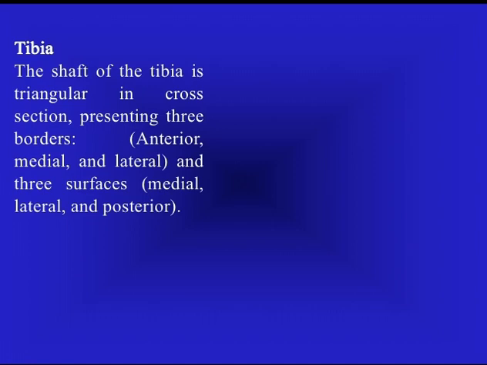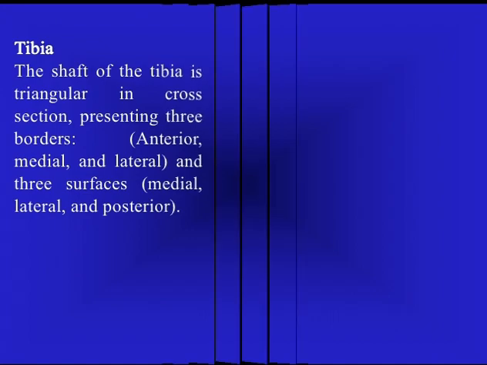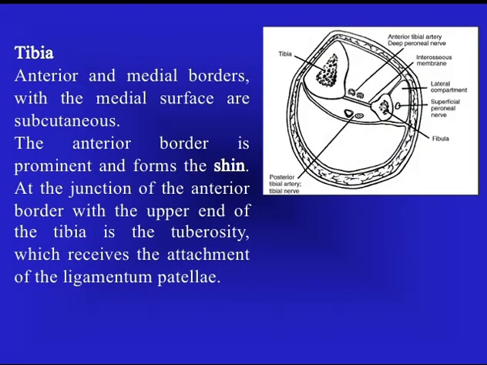We have the medial and lateral surfaces and the posterior surface. The anterior and medial borders with the medial surface are subcutaneous. The anterior border is prominent and forms the shin. The shin of the tibia is the prominent anterior border.